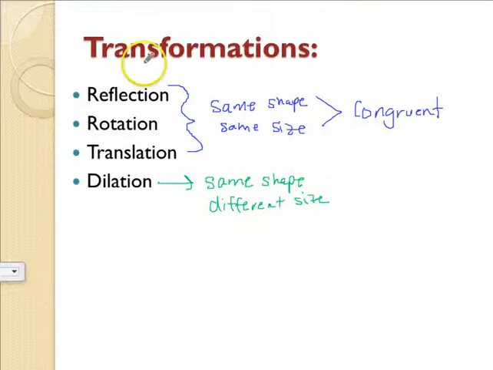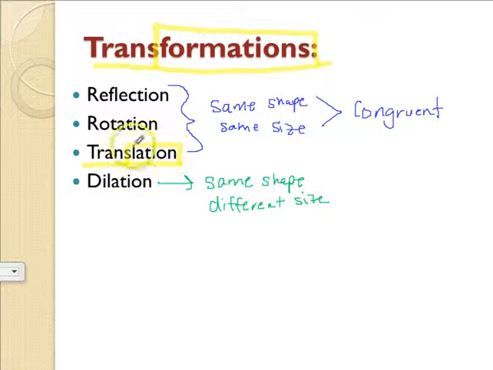So something to note here, transformations. Transformations includes all these different things here. A transformation can be a reflection, it can be a rotation, it can be a translation, or a dilation. I know that translation and transformation sound very familiar. Note the difference there. Transformation versus translation.